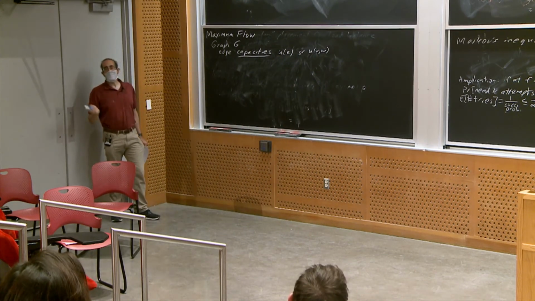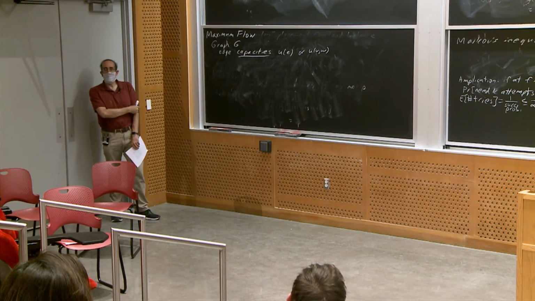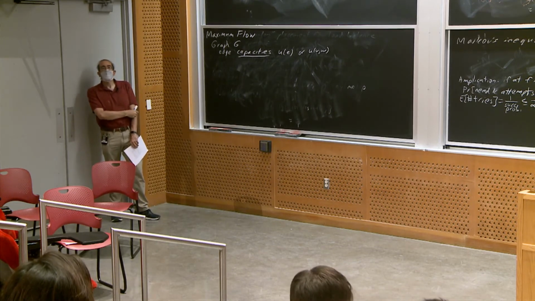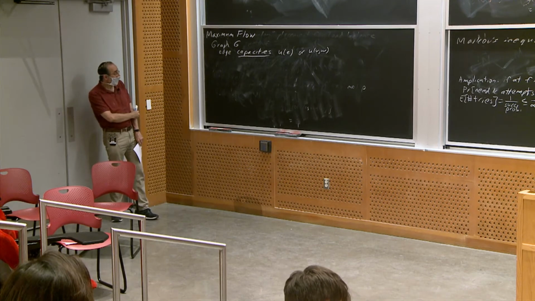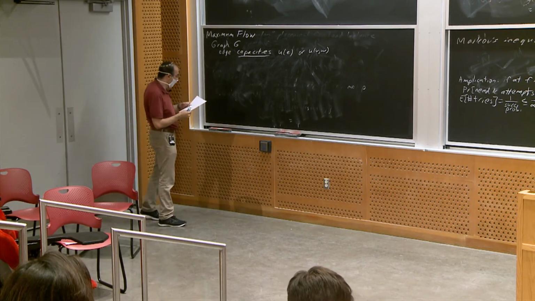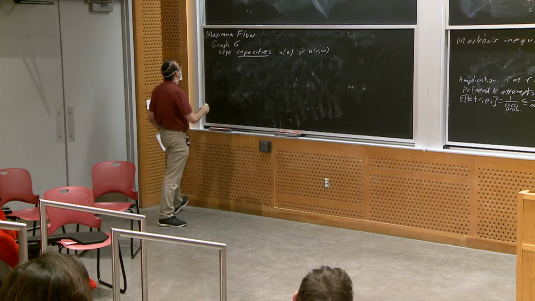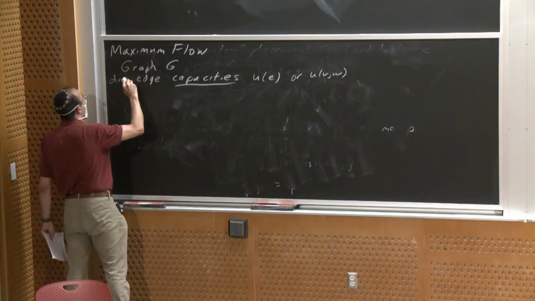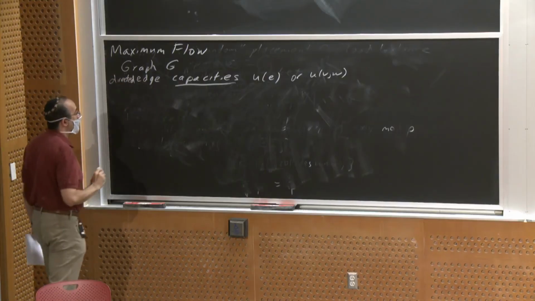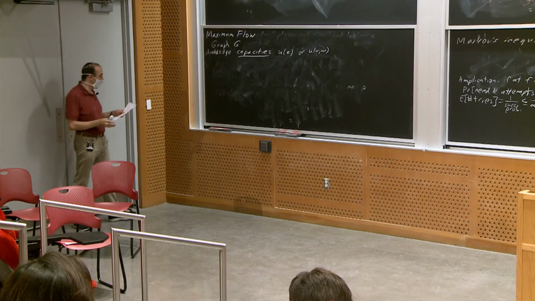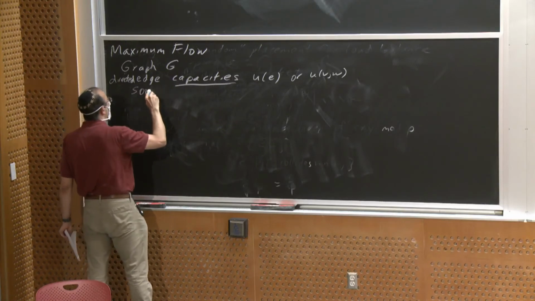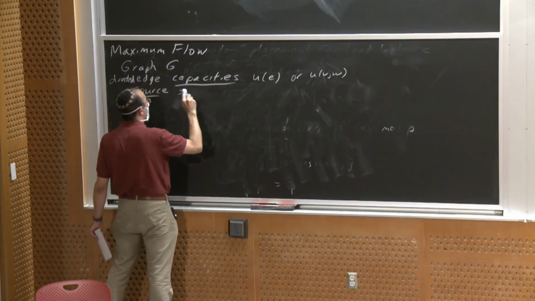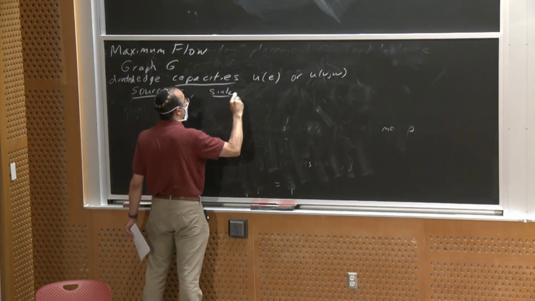And a couple weeks from now, you'll understand why we couldn't use C for capacity. But it has been U ever since the start of combinatorial optimization, and so we're going to stick with that. And while you can talk about max flow in undirected graphs, it's less ambiguous or less confusing if you focus on directed graphs, and that's what we're going to do. You also have a source vertex S and a sink vertex T.